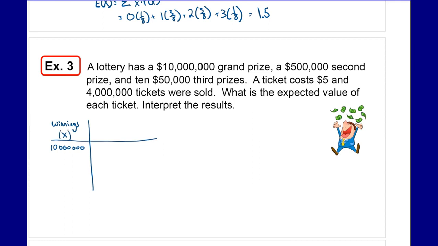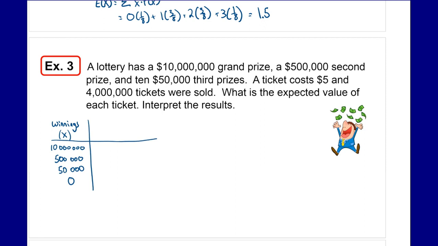I could also have second prize, which is $500,000. I could also have then $50,000 for third prize. And I could also win nothing, right? Remember, the probability distribution looks at all the possible outcomes. So we could win any of those prizes as well as nothing.